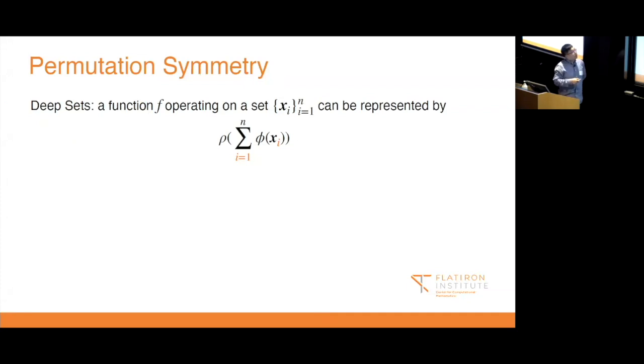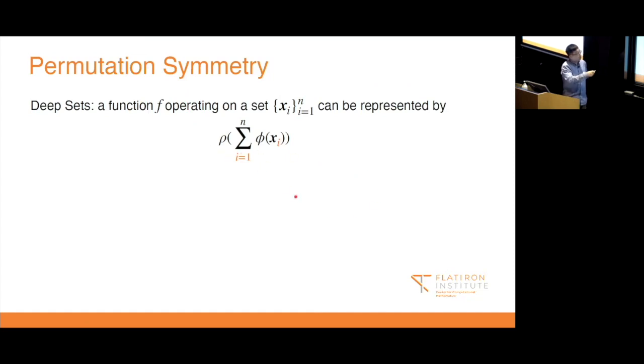It proves that if we have a function f operating on a set x1 to xn, meaning the function f is permutation invariant, then the function f can be represented in such a way.